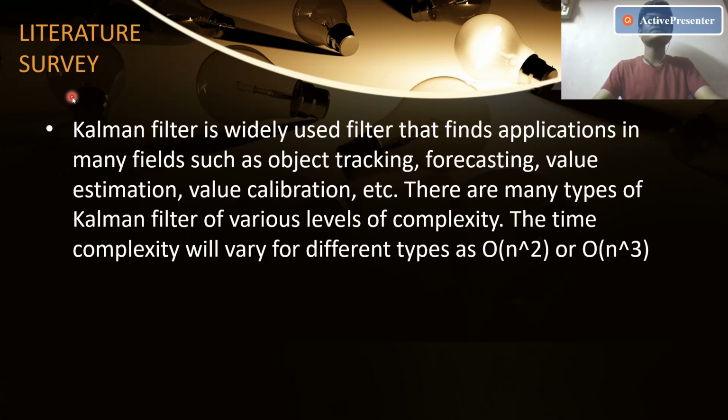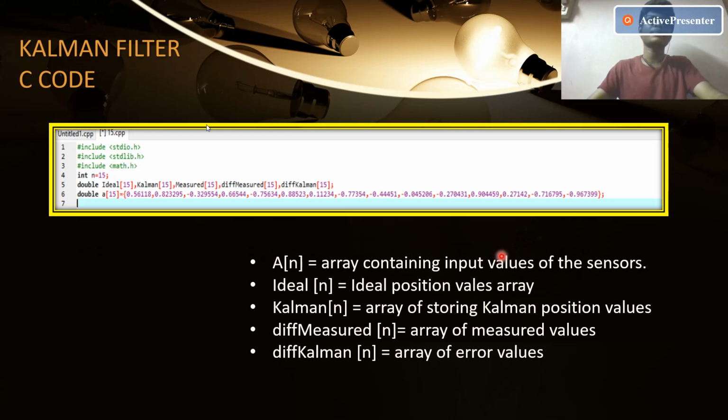Kalman filter has a wide range of applications in object tracking, weather forecasting, load forecasting, and automotive vehicle applications, and wherever sensors are used, there is a huge application of the Kalman filter algorithm. It can be implemented in n number of ways. Here we are using the predict, update, and measurement technique, which has big O of n square time complexity.